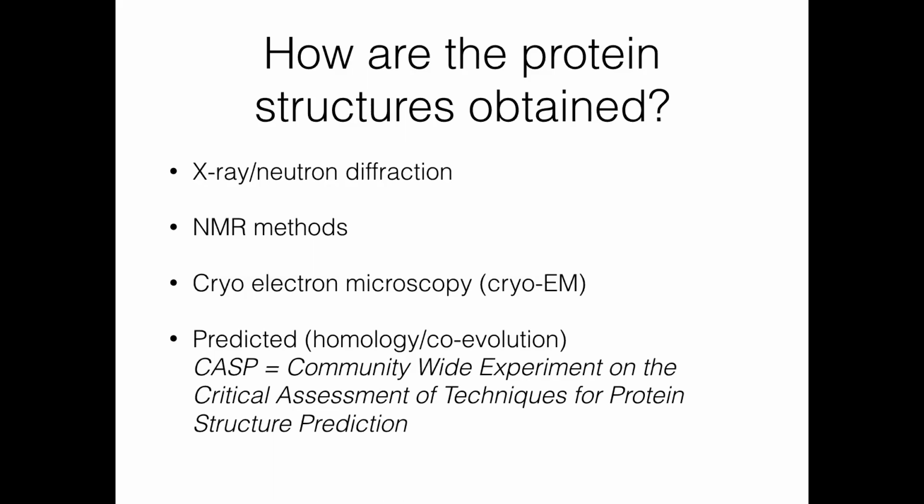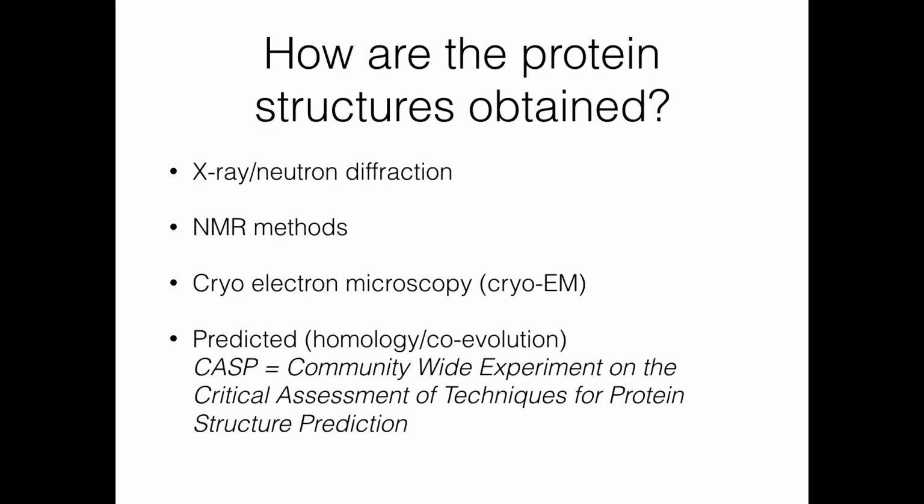And then there are some predicted methods. It's possible to make homology models if you have an existing protein structure and you have another protein with a similar sequence. You can use those bits from the existing one and patch together a new model. Recently, structures have also been predicted with coevolution.